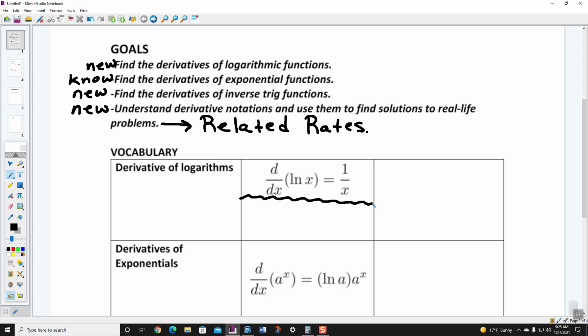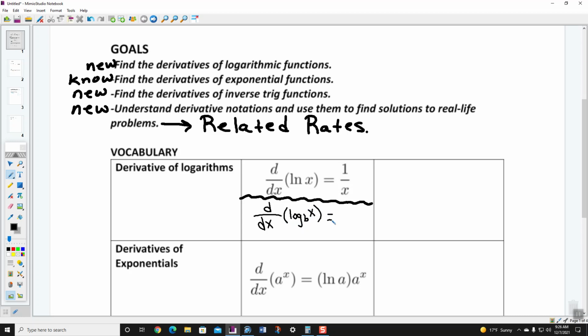If I had the derivative, d, with respect to x, of the log base b of x like this, then this derivative becomes the following.